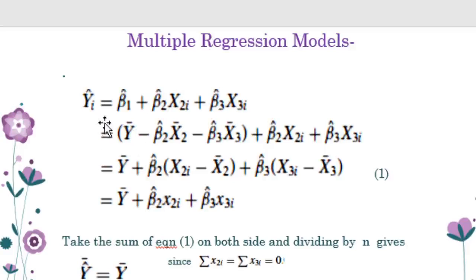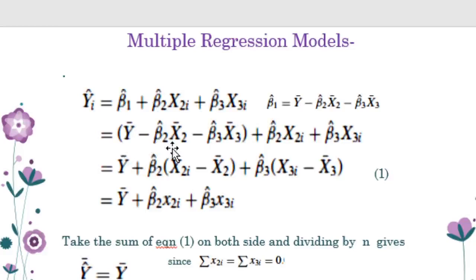Here yi cap equals beta 1 cap plus beta 2 cap x2i plus beta 3 cap x3i. Substituting beta 1 cap equals y bar minus beta 2 cap x2 bar minus beta 3 cap x3 bar, this can be written as y bar minus beta 2 cap x2 bar minus beta 3 cap x3 bar plus beta 2 cap x2i plus beta 3 cap x3i.